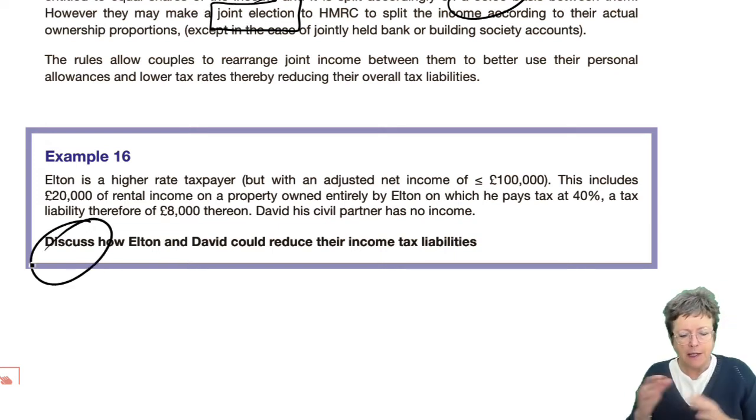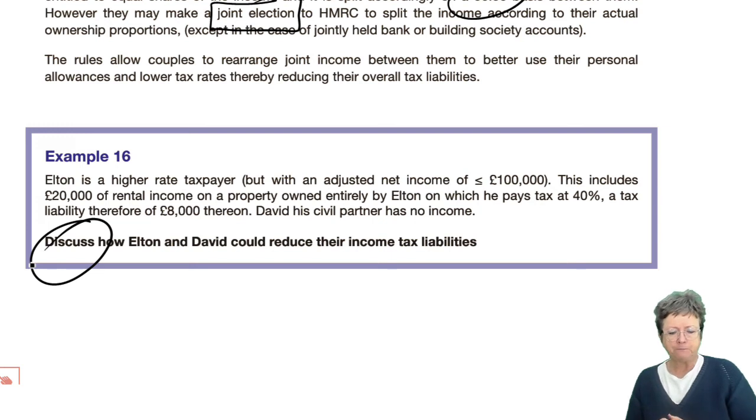Now this example here, it's a discussion, and I'm going to show you the answer so you can see that. So Elton is a high rate taxpayer, has an adjusted net income of greater than 100,000. This includes 20,000 of rental income of a property owned entirely by Elton, on which he pays 40% tax. David is his civil partner, has no income.